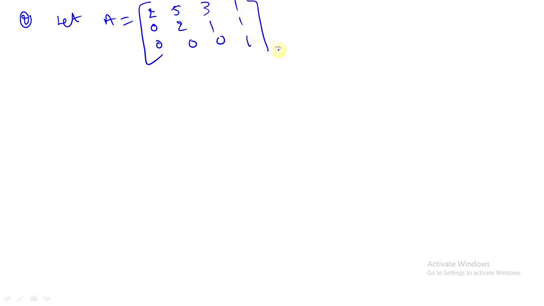This is a 3 by 4 matrix. It's not a square matrix. Now find its QR decomposition, A equal to QR. I am giving the answer: Q is I3, and if Q is I3, R is A.